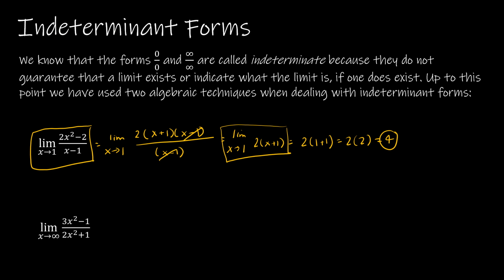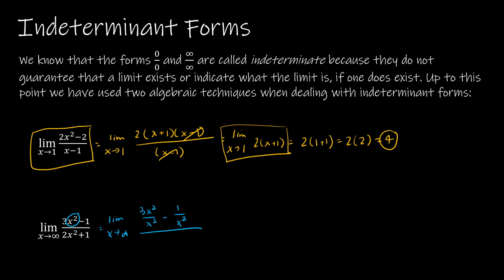Now let's look at the second example. In our second example, obviously, if I were to plug in infinity, that would give me infinity divided by infinity, which is indeterminate. So instead, we used the greatest power of x squared, and we said, let's take the limit as x approaches infinity, but take every term divided by x squared.